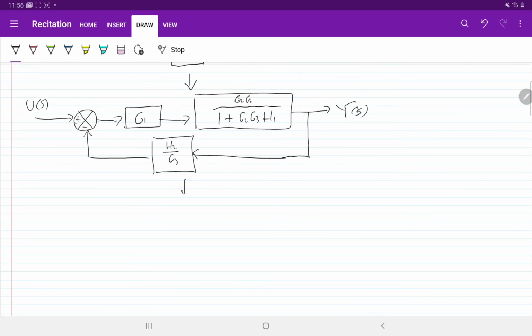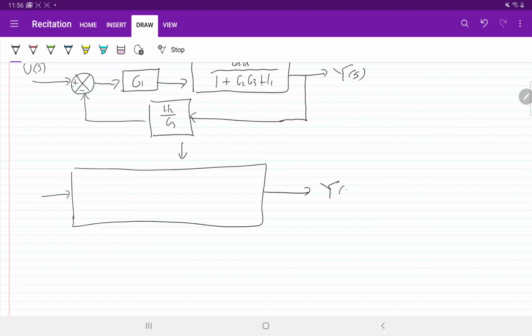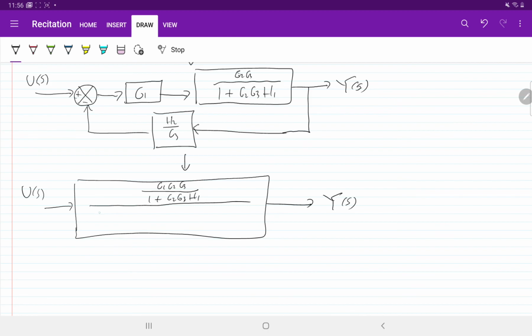Again, you can simplify it into one block. So the next block is G1 multiplied by this block, so you have G1 G2 G3 over 1 plus G2 G3 H1, and then the denominator is the feedback.